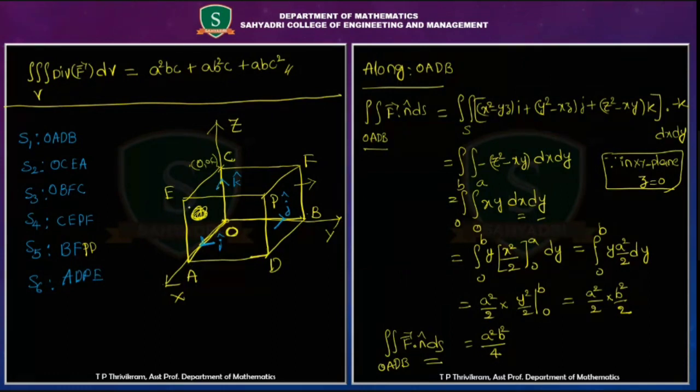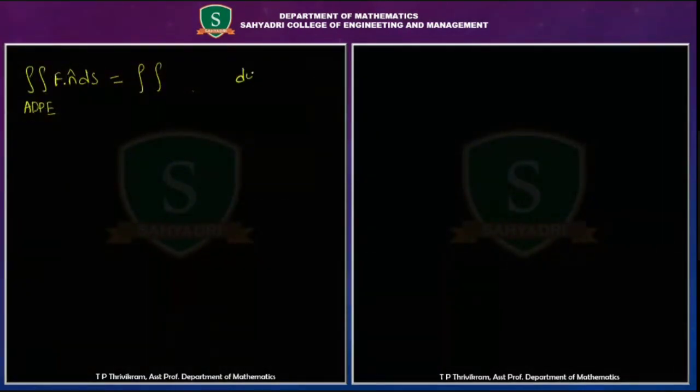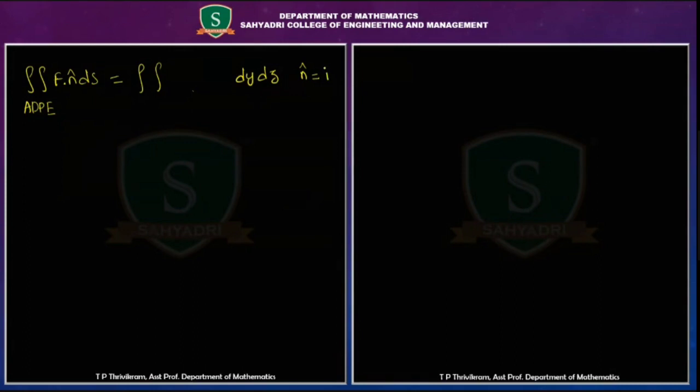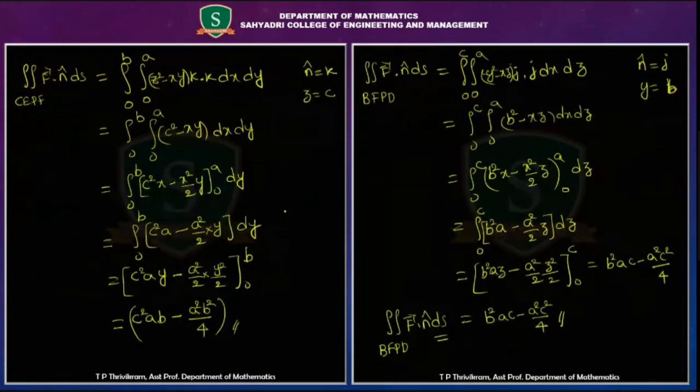ADPE, so that means this side. That means towards you. Your side, towards you. So which surface is it? Which plane is it? YZ. This is nothing but the YZ plane. Okay. So we'll get dy dz here, and n cap will be i. Okay. Because the i vector, that means the unit vector i, is towards the surface. Okay. That's why you have taken plus i.